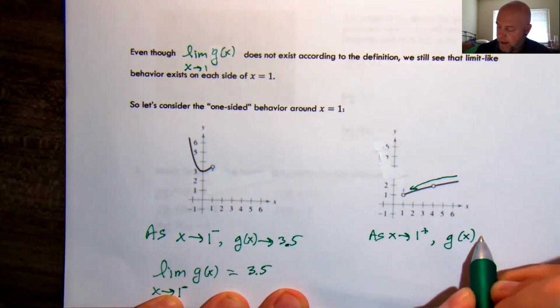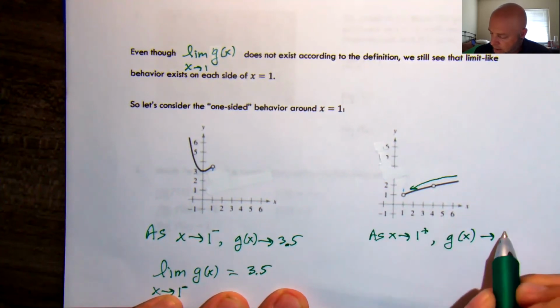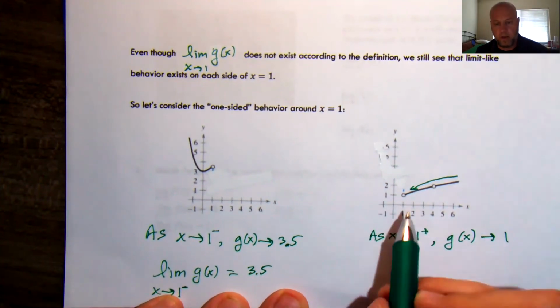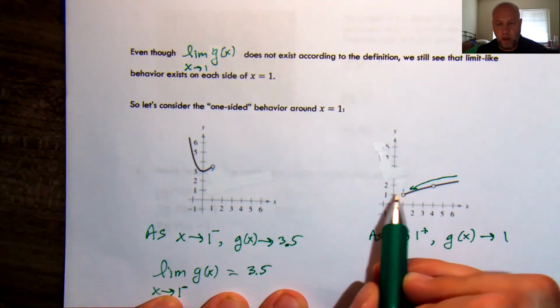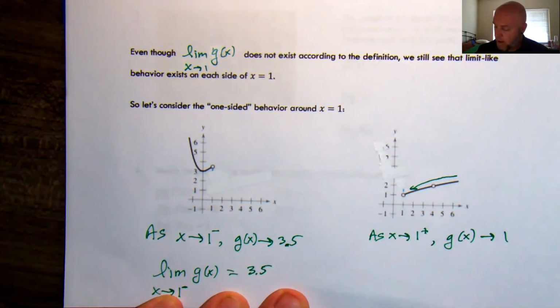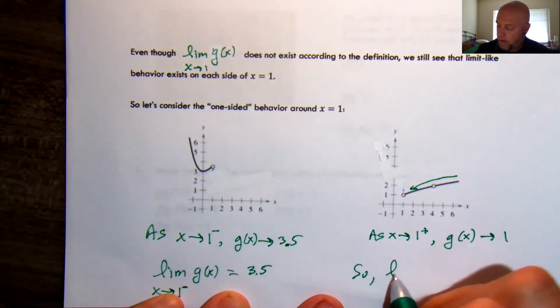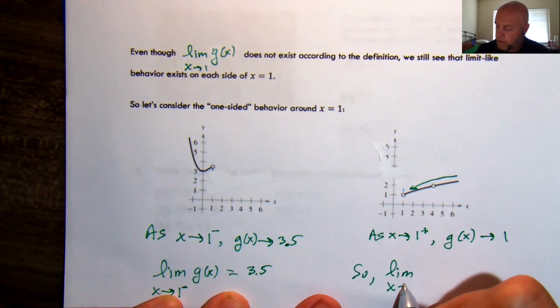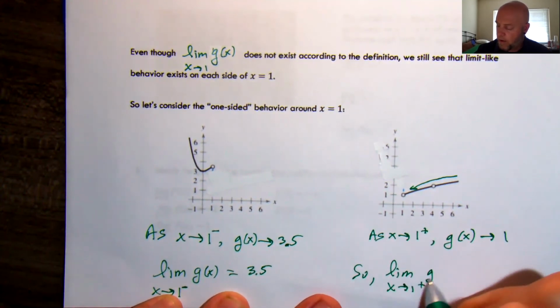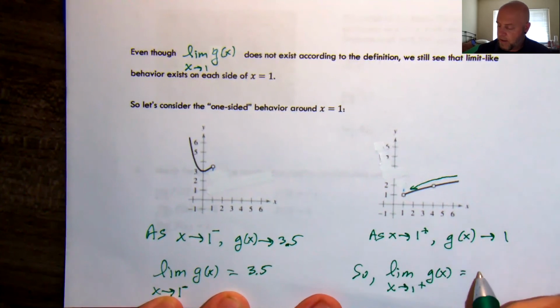Then g of x approaches 1. In other words, as we get close to x as 1, the y's are getting closer to 1. And we can write the limit as x approaches 1 from the right of g of x is equal to 1.